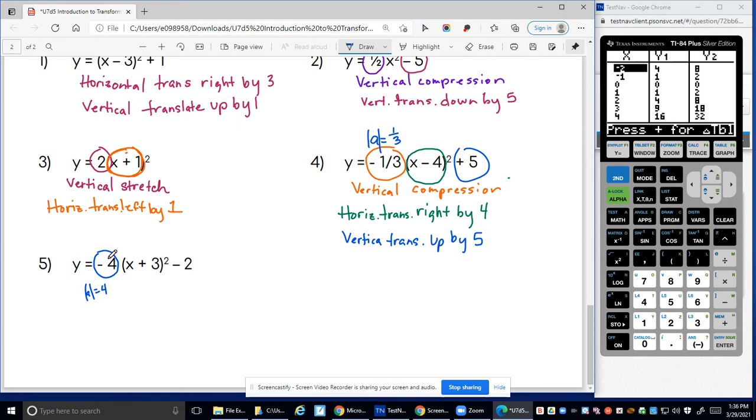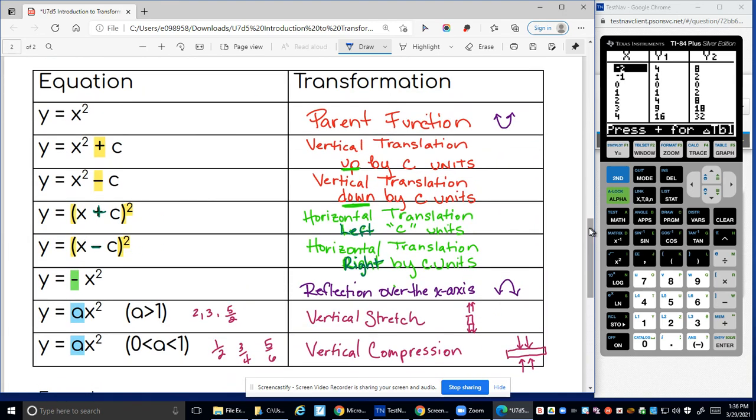So that 4 is bigger than 1, and we're looking at a vertical stretch. So at this time, disregard the negative, because it's another transformation. Do you remember which transformation it is? Let me finish my thought. Vertical stretch. So in addition to all of these, don't forget the negative.